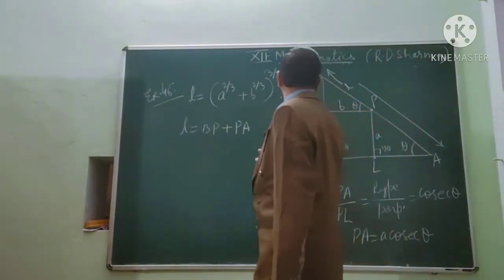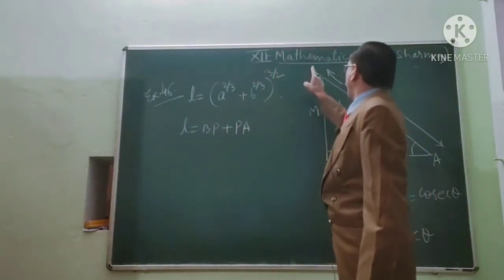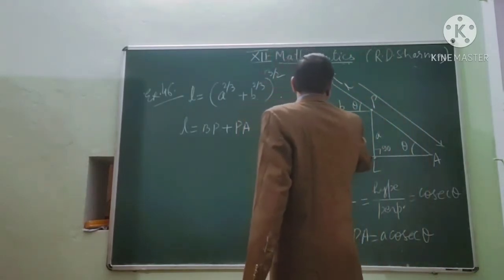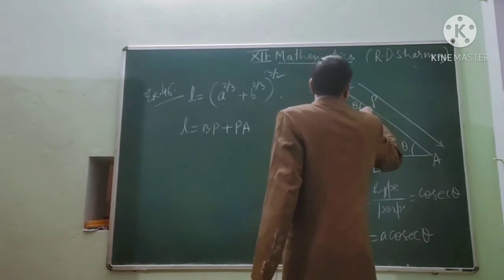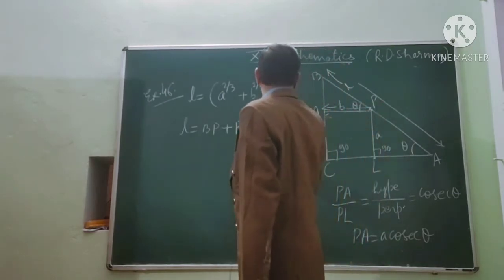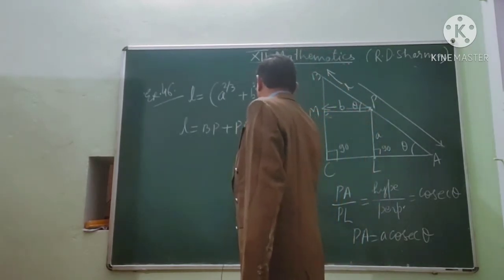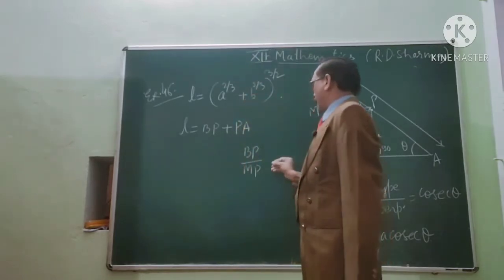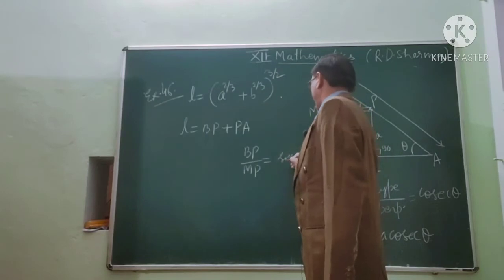Then consider triangle BMP. Here PM is b, this length is b. Therefore BP upon MP is equal to sec theta.